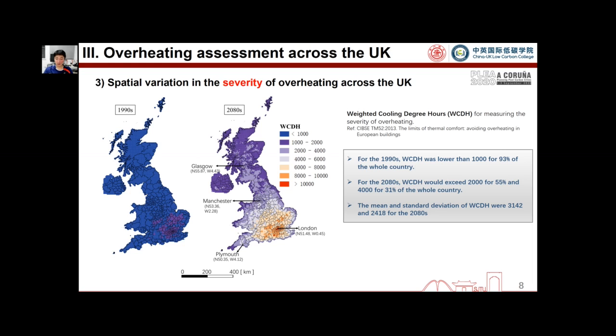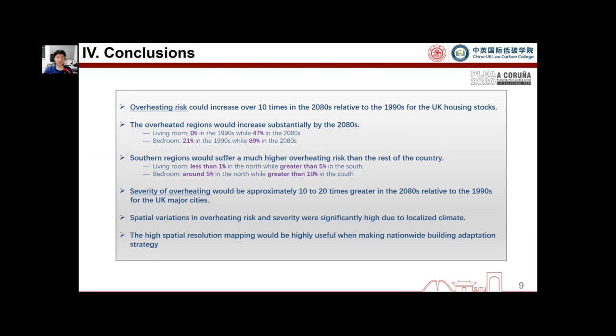So based on the main findings from the study, we can draw the conclusions as follows. Firstly, overheating risk would increase over 10 times due to warming climate, and the overheated regions would increase substantially by the 2080s, which is quite interesting. Southern region would suffer a much higher overheating risk than the rest of the country.